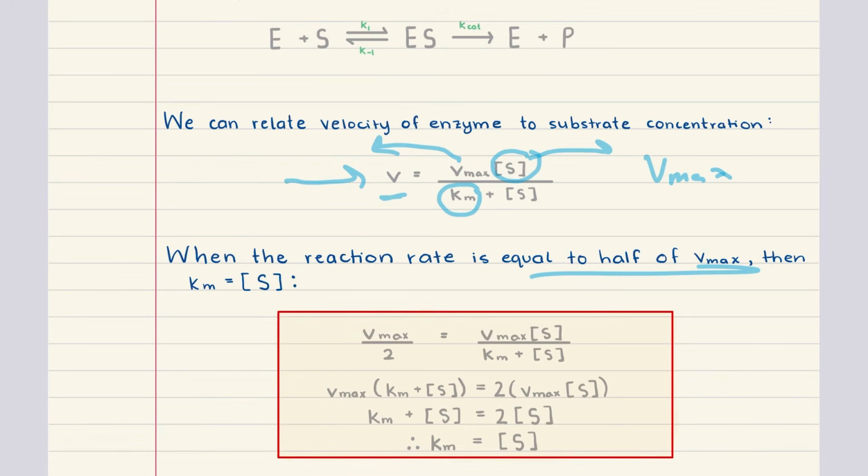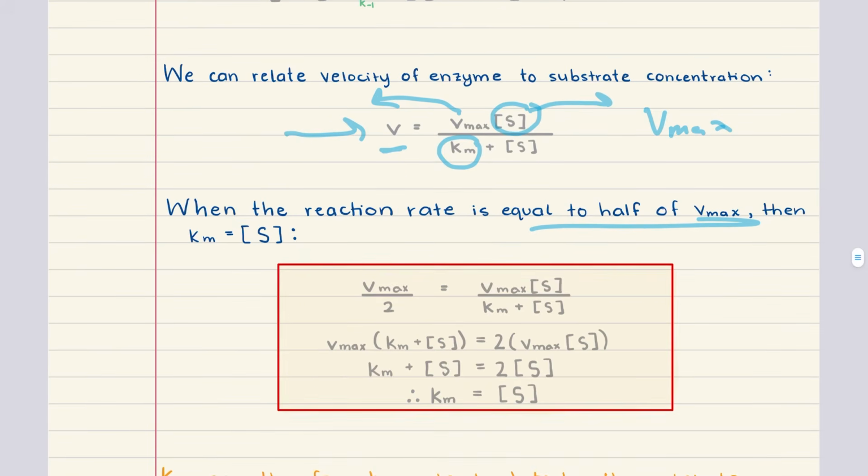We can derive this by plugging V equals Vmax divided by 2 into our Michaelis-Menten equation and then solving for S. When you do that, you're going to find that Km equals S under those conditions.